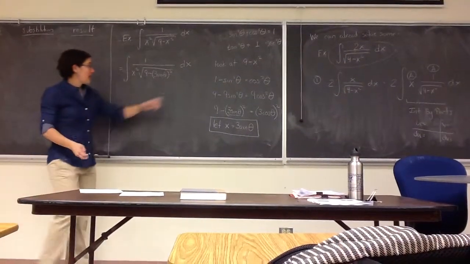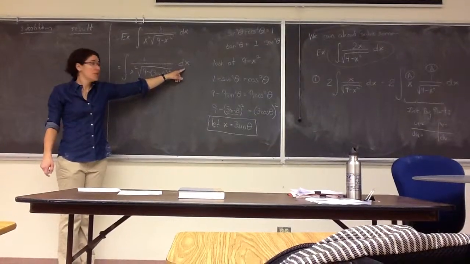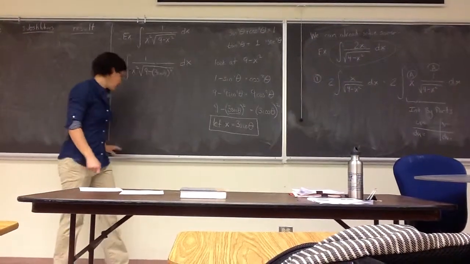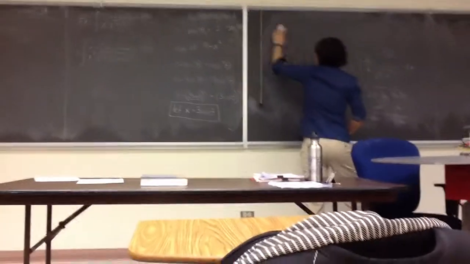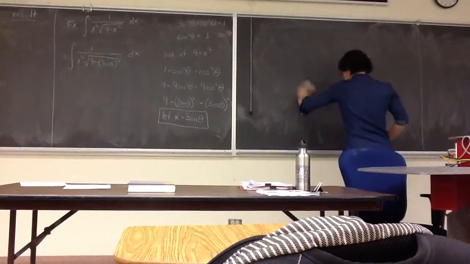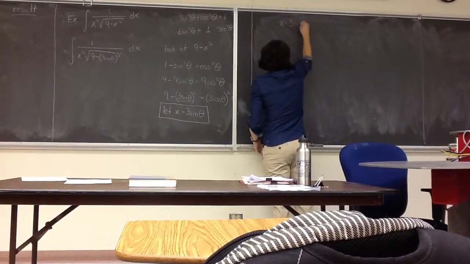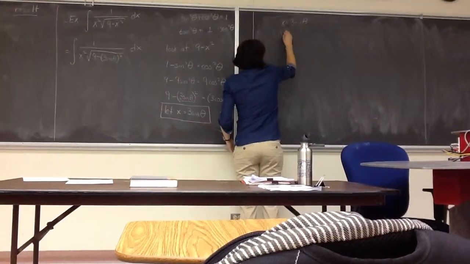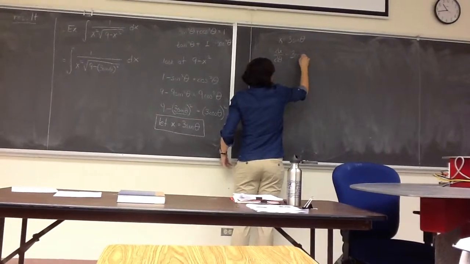So some things that will have to happen. This dx at the end is going to have to be a d theta. Right now we know that x is equal to 3 sine theta. So since x is equal to 3 sine theta, then dx over d theta is equal to 3 times the cosine of theta.